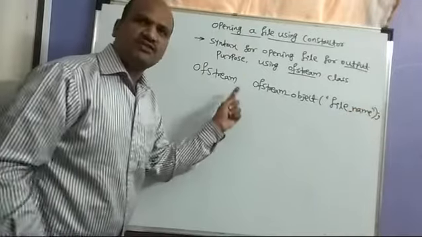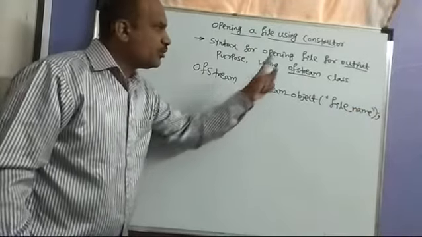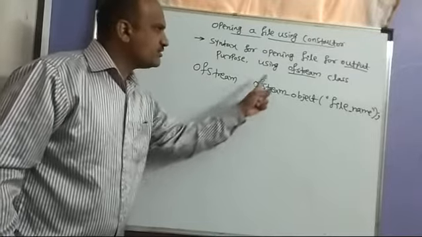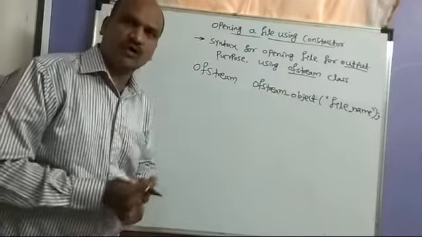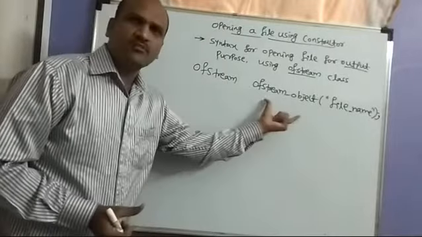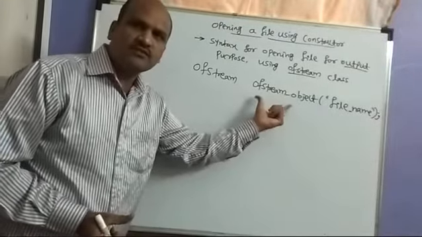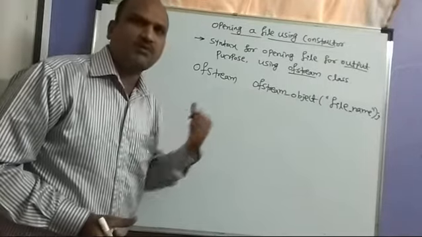So this is the syntax for outputting the file using the class ofstream: ofstream object, file name.